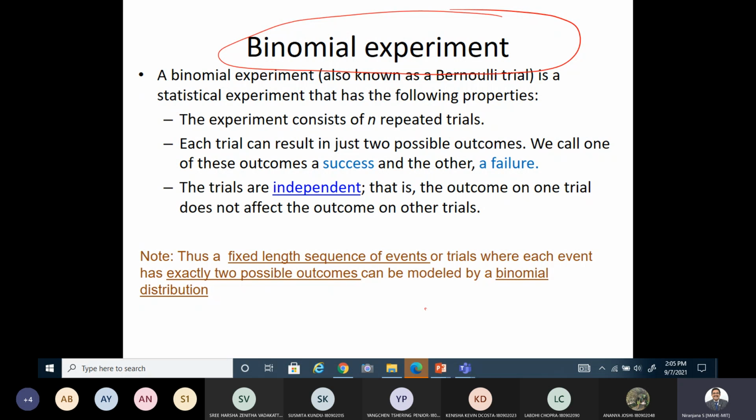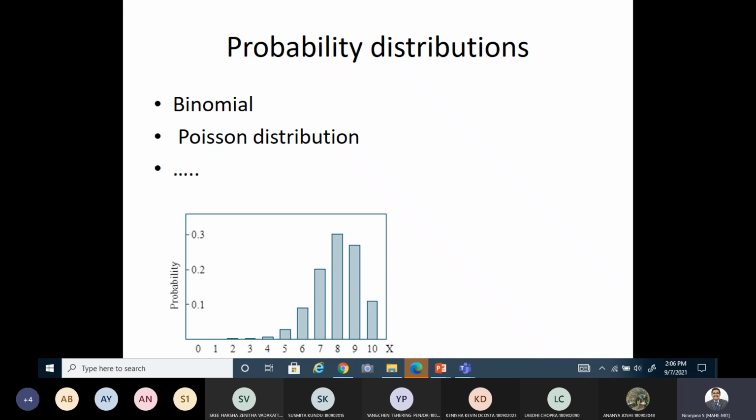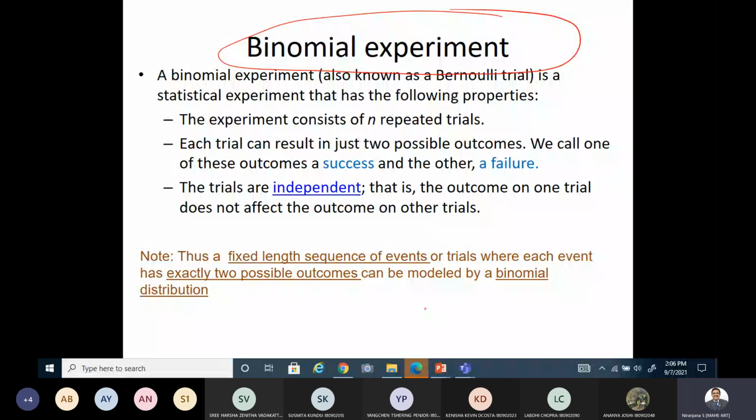How can you describe the class with respect to a feature using the binomial distribution? When there is a binomial experiment, what happens, and how can you describe that experiment as a binomial distribution, right? And how can you describe a class here, and utilize that in a classification problem? That is what you need to look for.